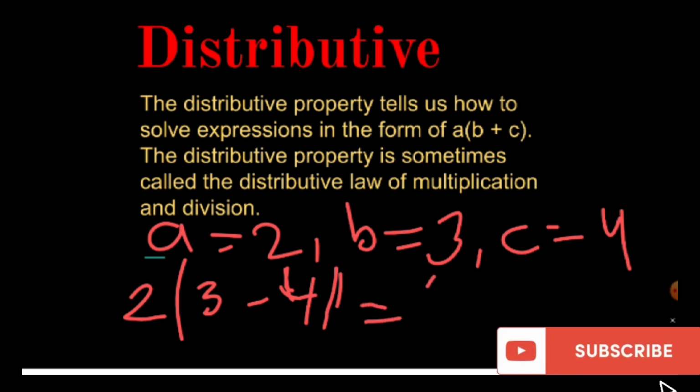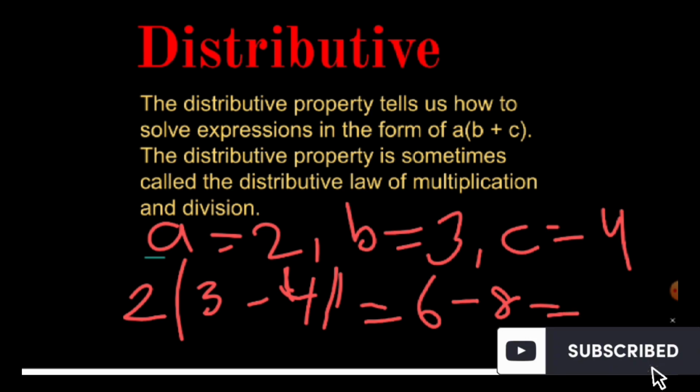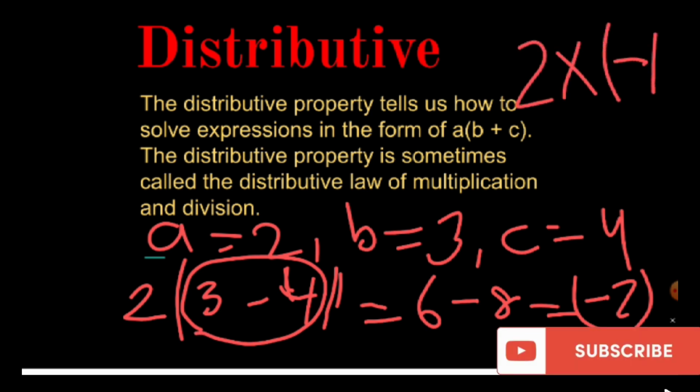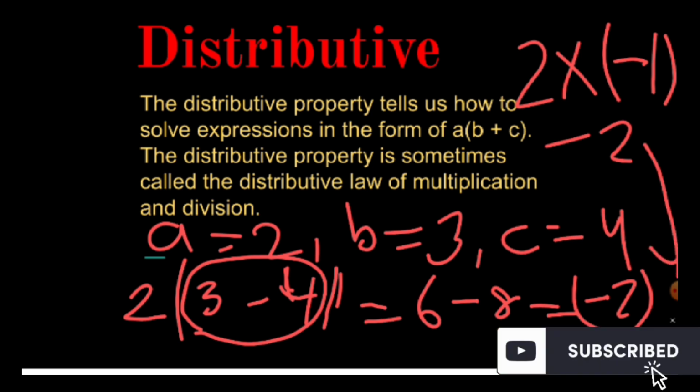So 6 minus 8 is equal to minus 2. Let's solve it using BODMAS. First we will subtract these two, so minus 1 into 2 gives minus 2. The answer is the same. It means it is applicable for multiplication over subtraction.